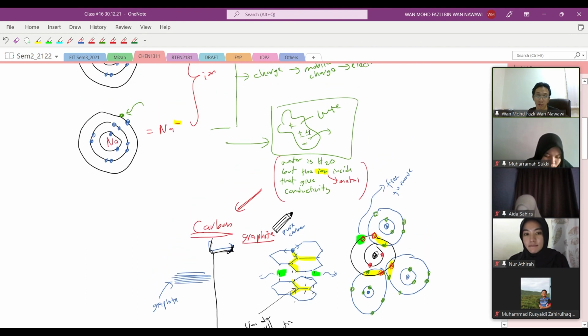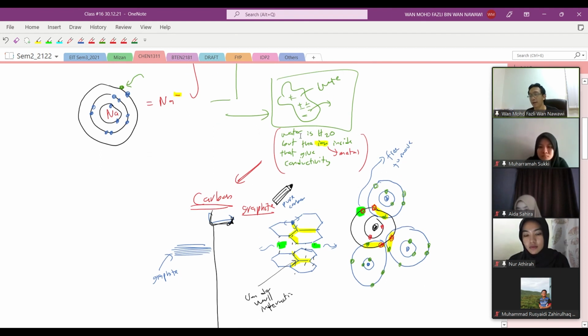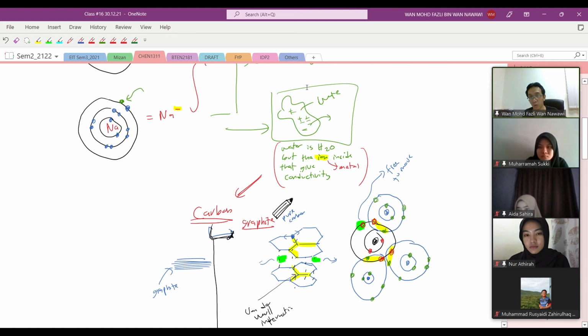For water you may argue that the metal ions inside the water cause this, but even if there are no metal ions, like in pure water, it can still conduct. Pure water, if you see before, has a resistivity, but it's still not infinity.